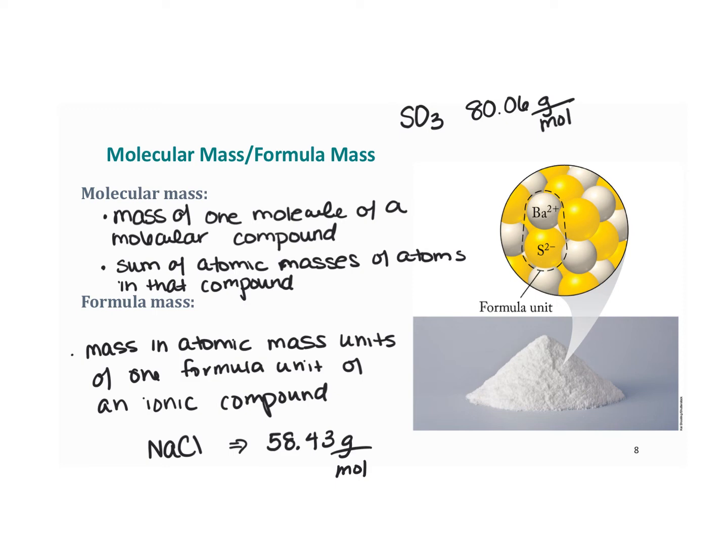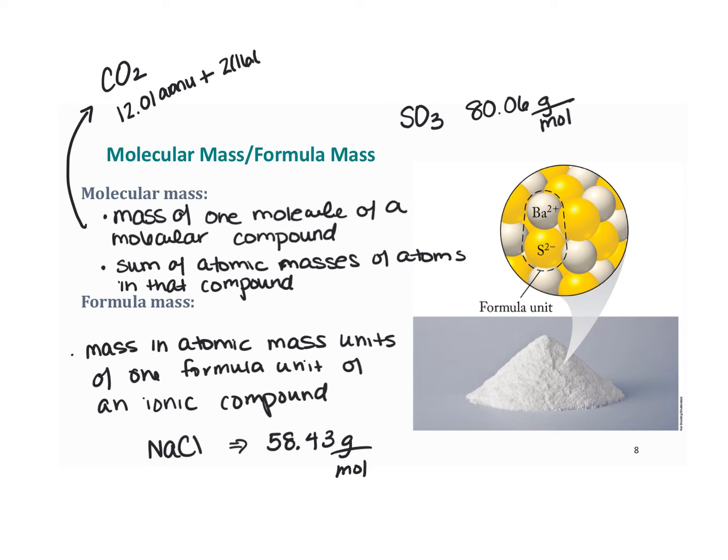I want to do one other example of molecular mass just to make sure we're all on the same page. For example, if you needed to calculate the molecular mass of CO2, you would say, I have carbon, and looking at the periodic table, the molar mass of carbon is 12.01 AMU, and I'm going to add the molar mass of oxygen, but with that subscript there, I have two oxygens, so I need to multiply that by 2.